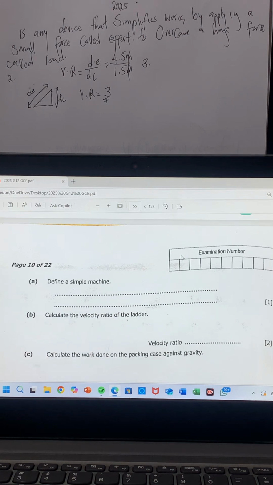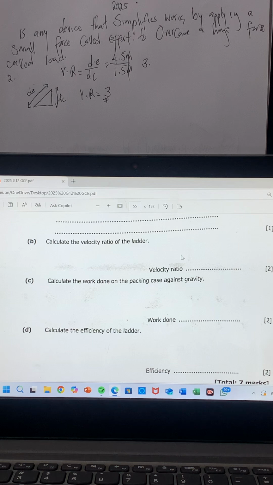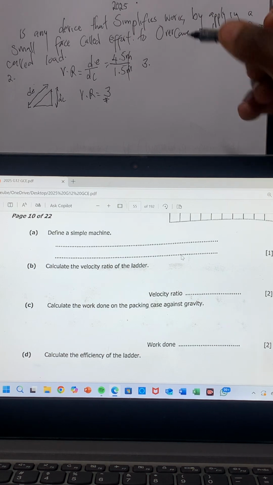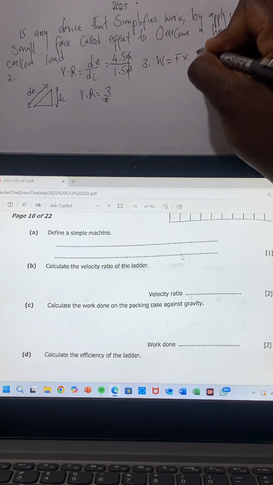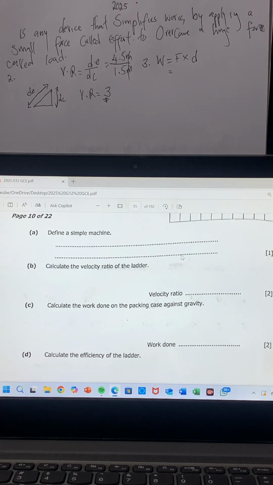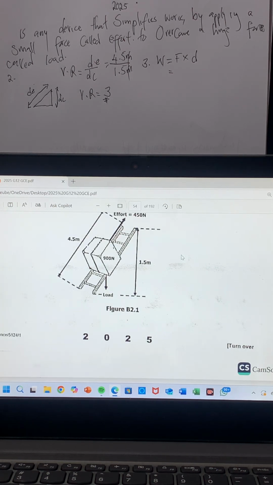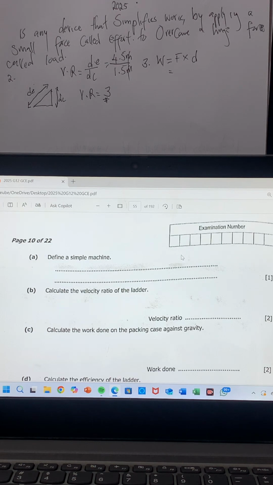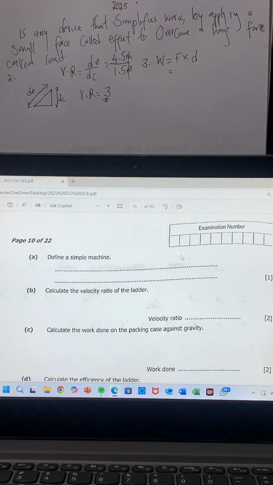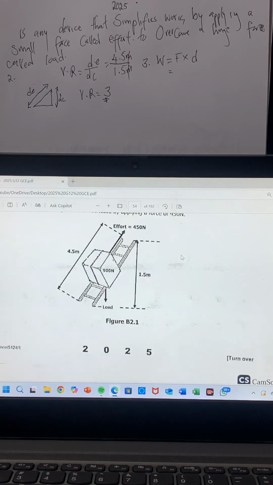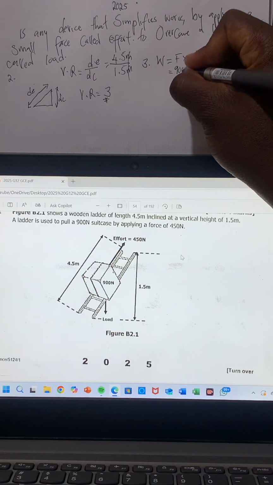You go to question 3. You found the velocity ratio. The next question is saying calculate the work done on packing the case against gravity. Work done equals force times distance. The force is the force of the case, which is 900 Newtons.